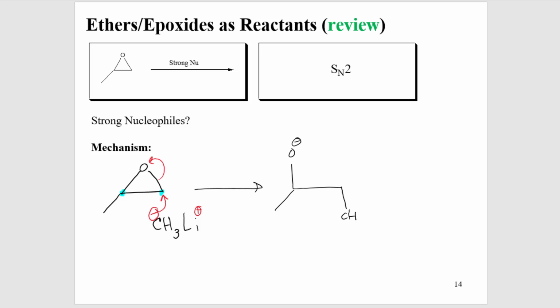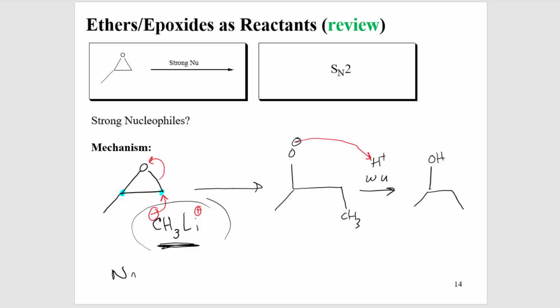And I've made a new carbon-carbon bond because I arbitrarily chose to use the alkyllithium as my strong nucleophile. And then we're done. There's a workup stage under acidic conditions to protonate the oxygen. And there you are. I could have changed this methyllithium all day long, right?